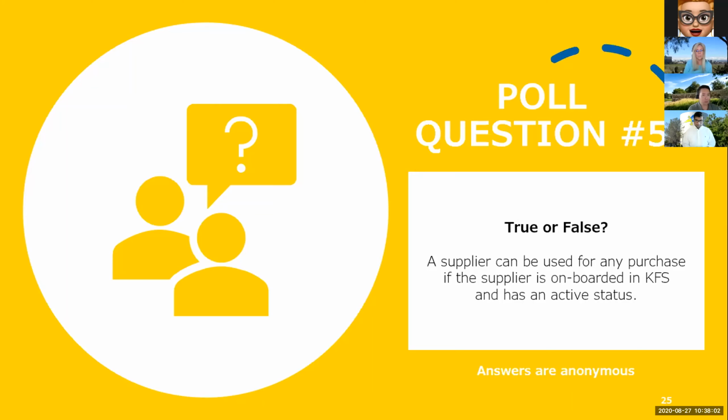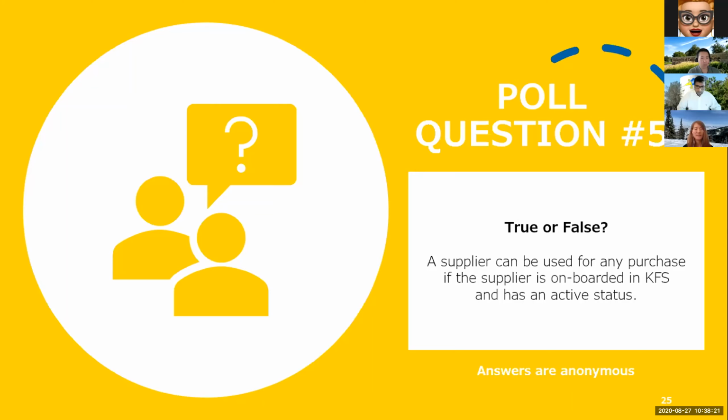Just because a supplier was onboarded for maybe one purchase or one particular instance does not mean they can then be used for anything that you want to buy from that supplier. So please be mindful of that. We have run into situations where people say, but that supplier is already in KFS.